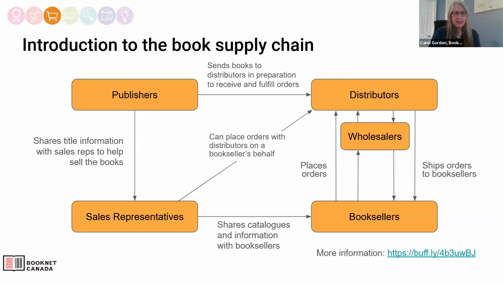The last supply chain player I want to mention here is wholesalers, between the distributors and booksellers in terms of ordering. The wholesalers also buy books directly from the distributors, but they can also resell to bookstores. So it's just another source where book buyers may purchase their books.